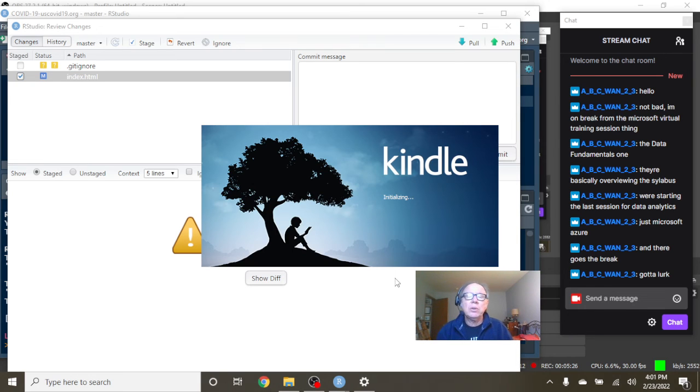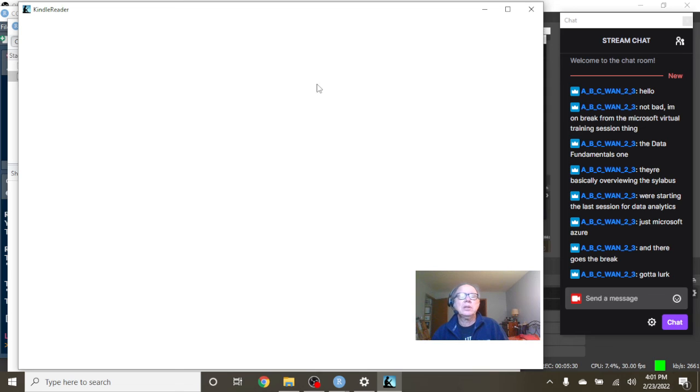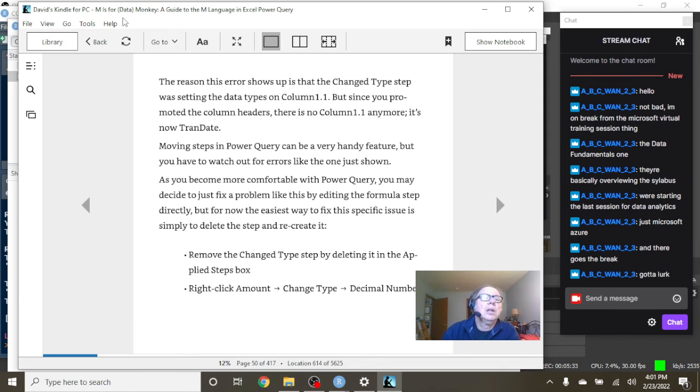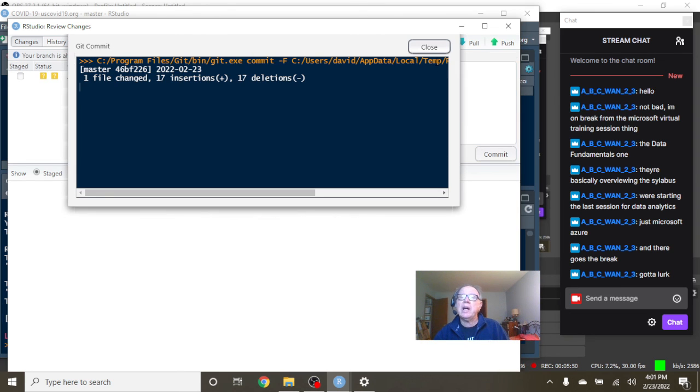So we're continuing to work. We started reading and working our way through a book entitled M is for Data Monkey, a guide to the M language in Excel Power Query. That's where we left off last night. We're going to continue working our way through that book again. Who knows? Maybe even after a break, or maybe tonight sometime. It's a mystery.